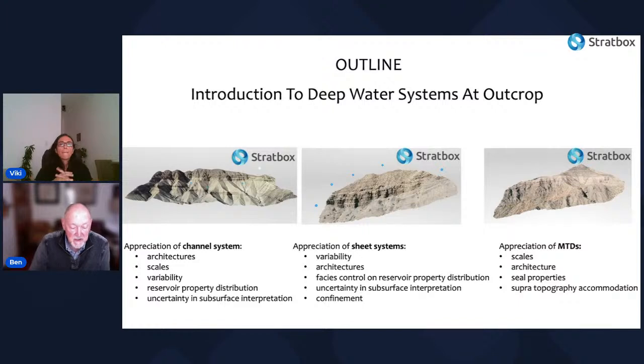So we're going to show you examples from a range of different systems in a very brief virtual field trip. And we'll start by differentiating the three main elements of deepwater systems, namely channels, sheets, and mass transport deposits, and then break these down into their component parts. I'll be giving the first part, and then Vicky will take over for the second part.